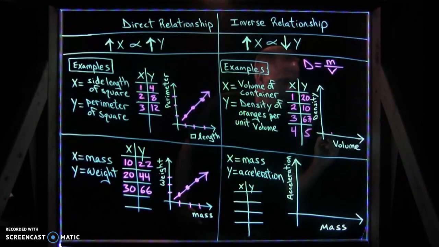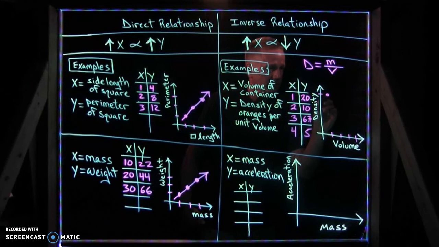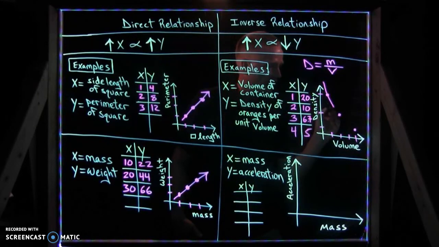And so if you start to graph this trend, you start to realize for a smaller volume, you have a much greater density. And as the volume gets larger, the density, double the volume, the density gets cut in half. And if you quadruple the volume, the density gets cut down to 1/4, and you get a different trend graphically.